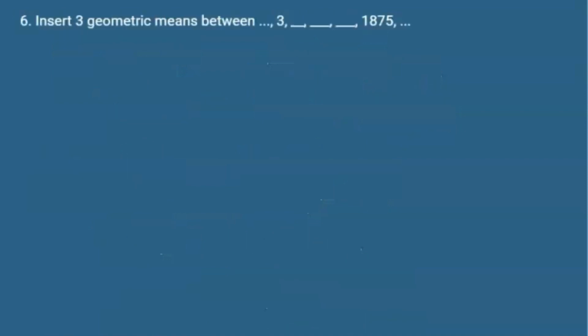Our last problem. Insert 3 geometric means between 3 and 1875. The formula for a geometric mean is the square root of the product of two numbers.